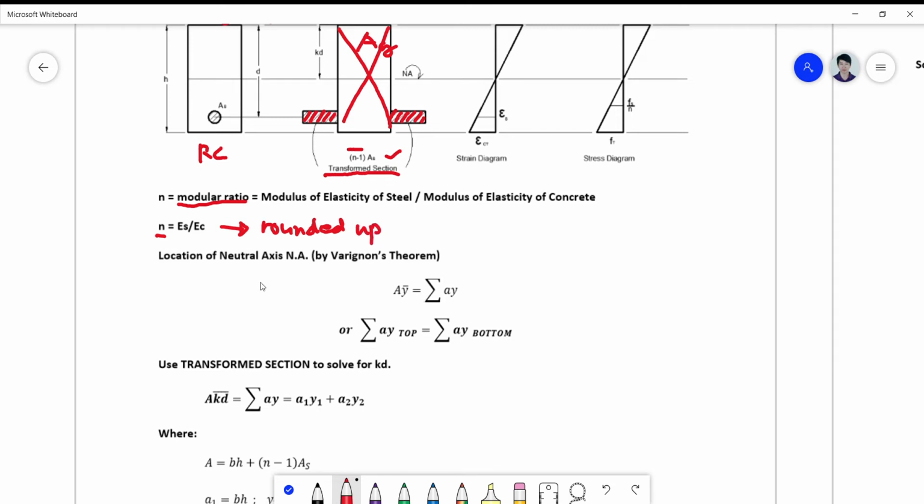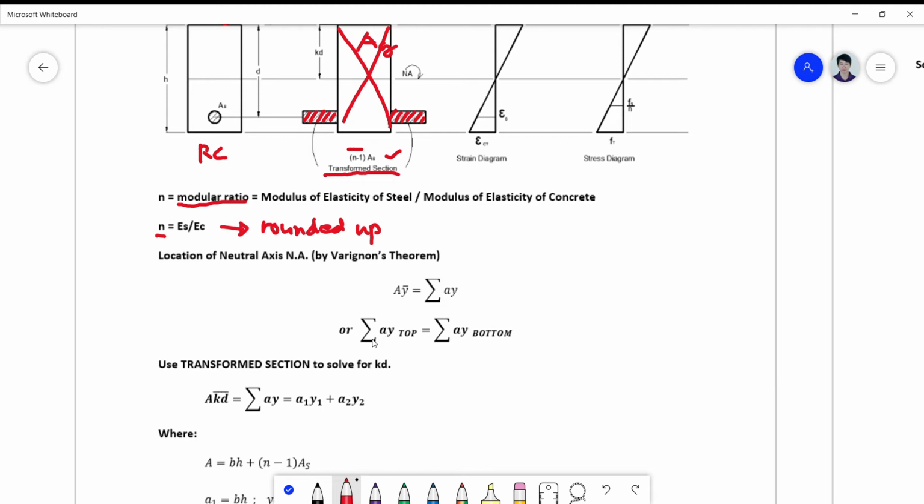And the location of the neutral axis can actually be determined by simply using the Varignon's theorem, which states that the area multiplied by the centroidal distance is simply equal to the summation of individual small areas multiplied by their corresponding distance from their centroids.